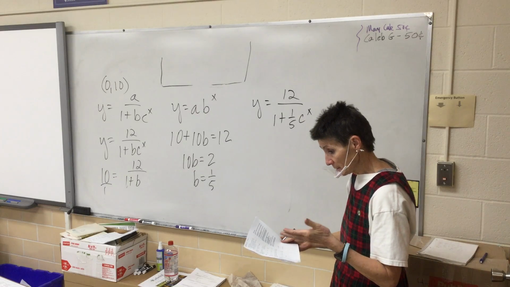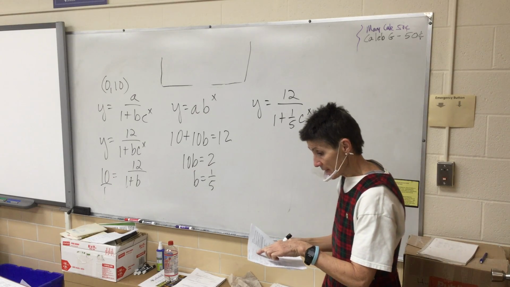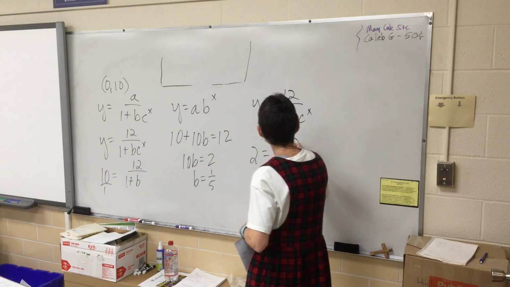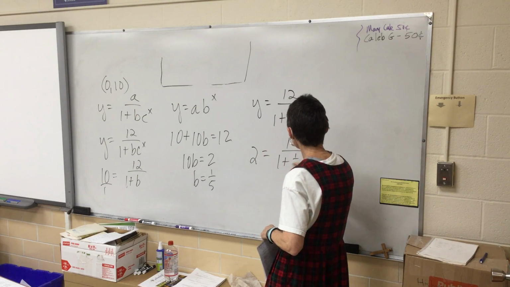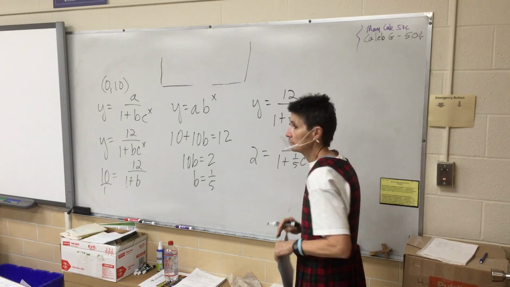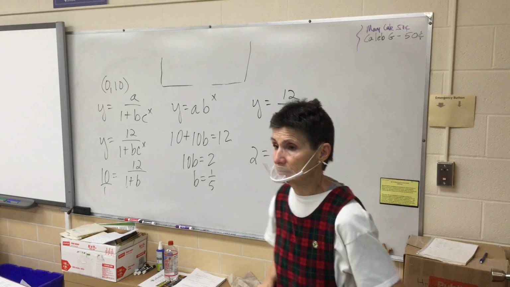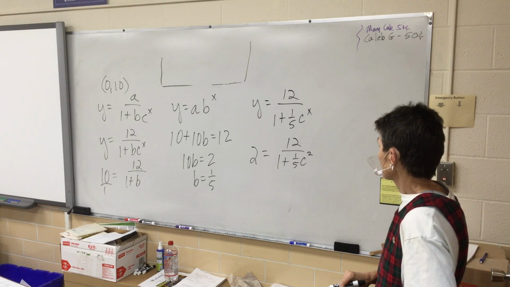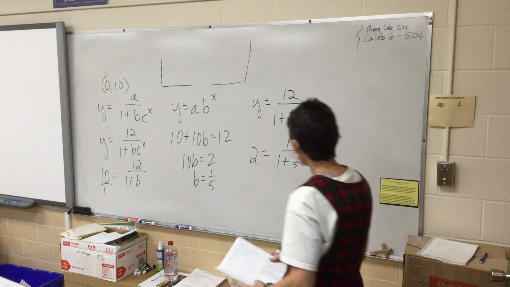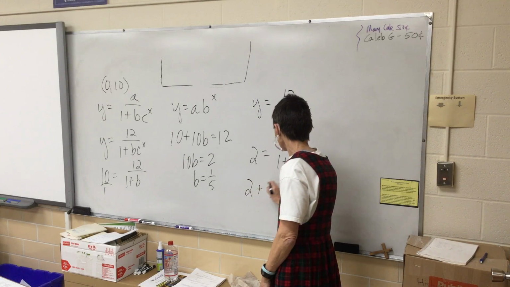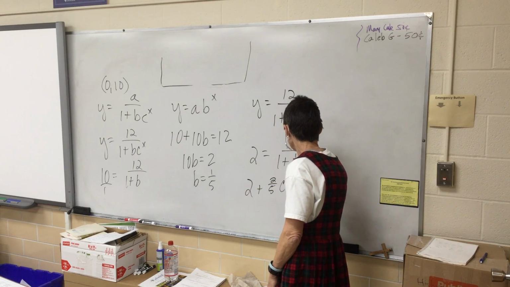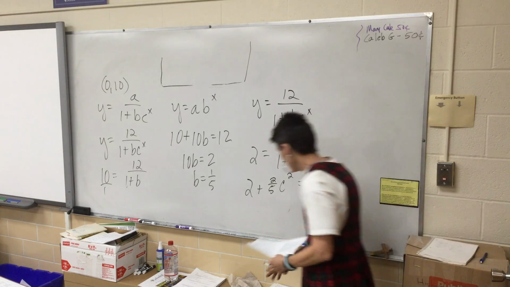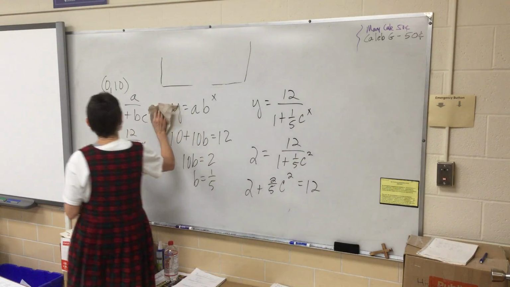So now the only thing left is that point, 2, 2. So let's plug that in and see what happens. So we'll cross multiply. Subtract 2.